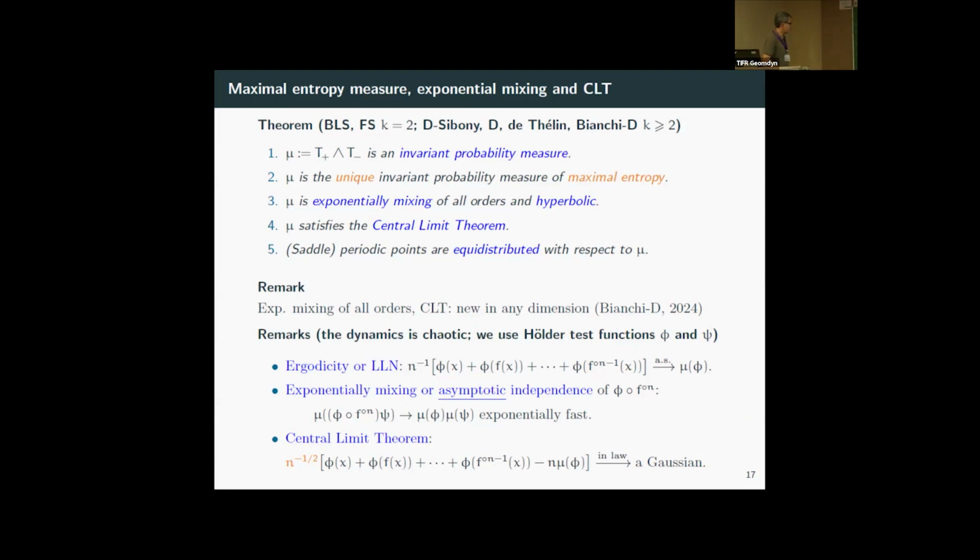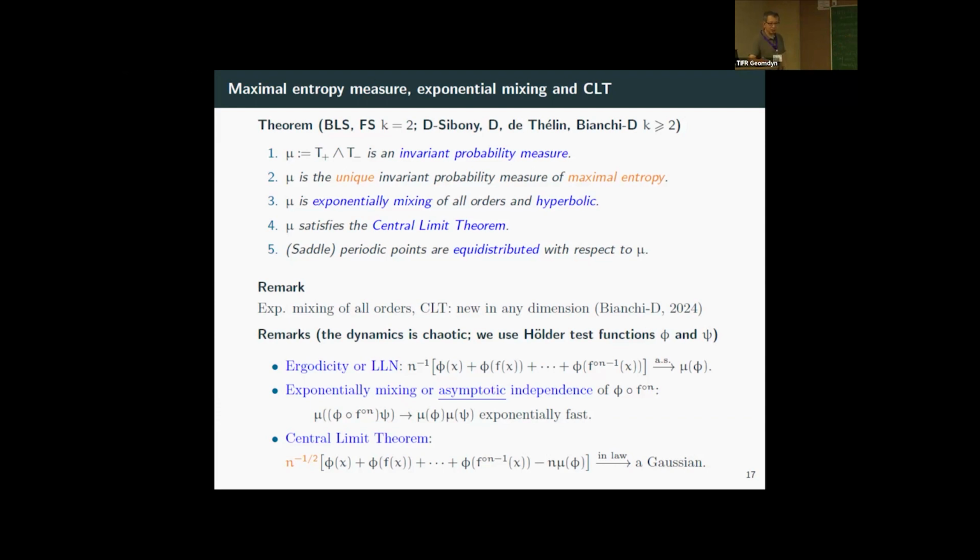So exponential mixing means the following. We have a sequence of random variables phi composed with f^n, with respect to the probability measure mu. We know that these random variables are not independent.